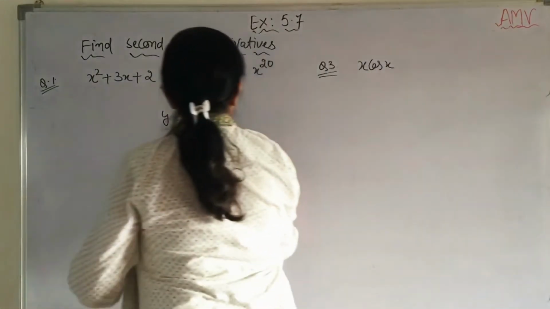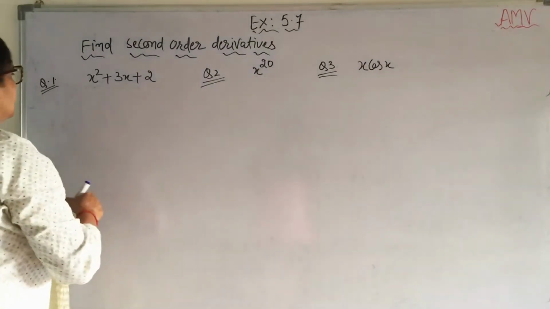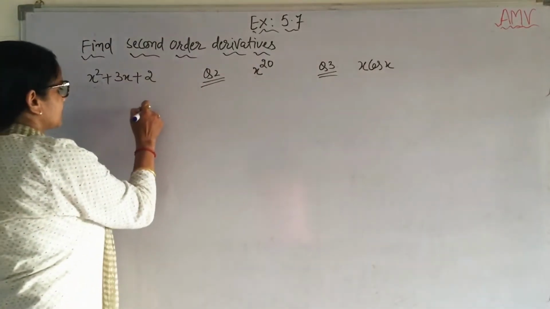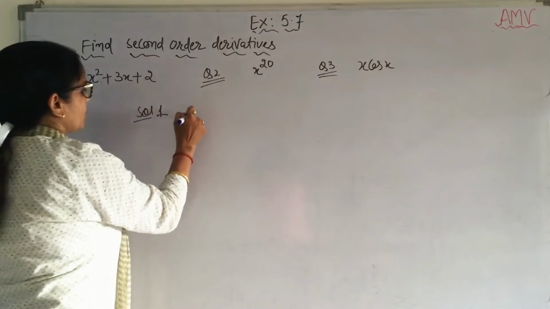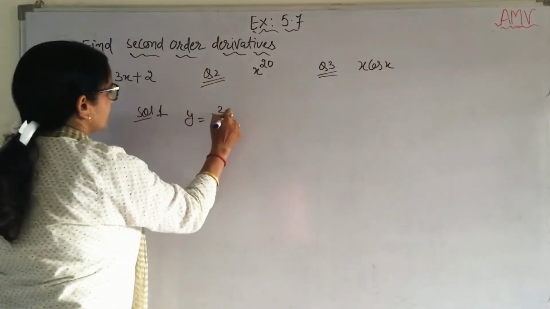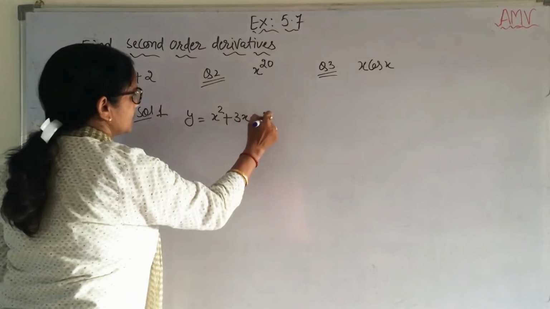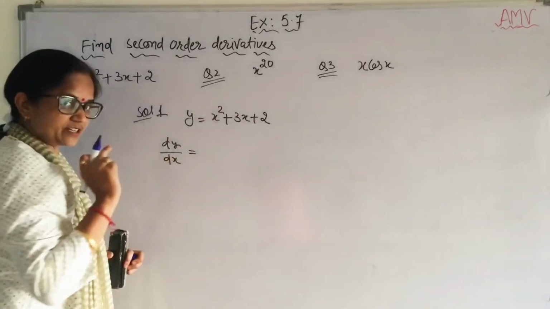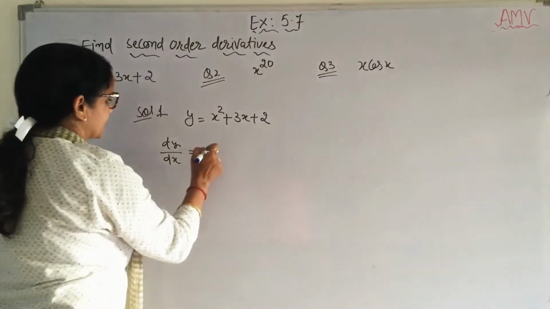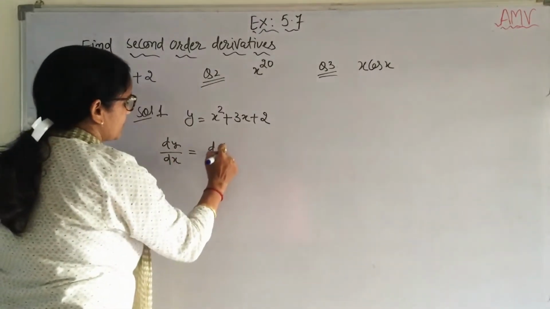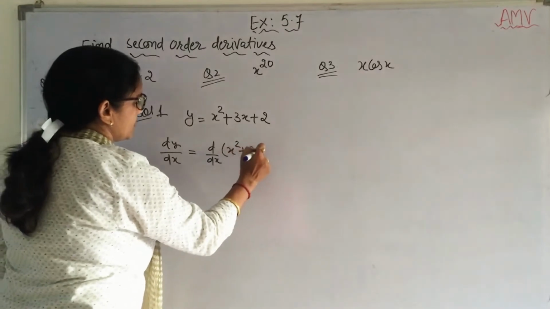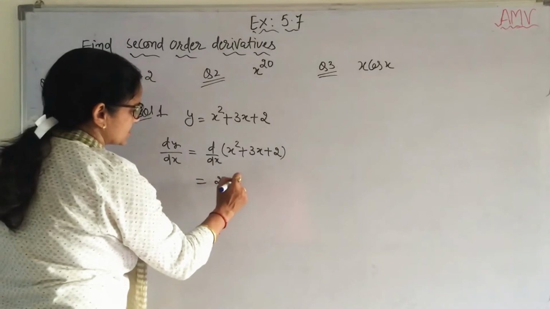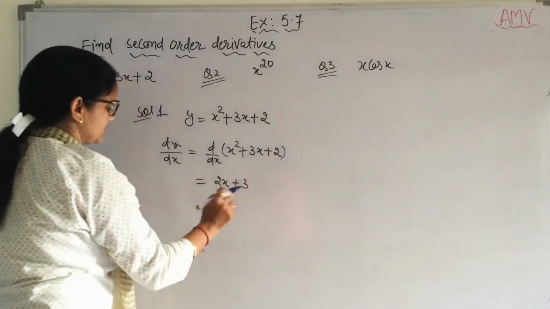So here, question number 1, x square plus 3x plus 2. First let y is equal to x square plus 3x plus 2, and then find dy by dx, differentiating with respect to x. So d by dx of x square plus 3x plus 2, you will get 2x plus 3, the derivative of 2 is 0.